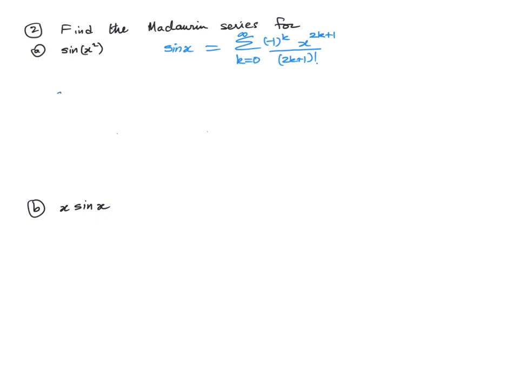So I'm going to get sine of x squared equals sigma as k goes from 0 to infinity of negative 1 to the k, x squared to the 2k plus 1 over 2k plus 1 factorial.